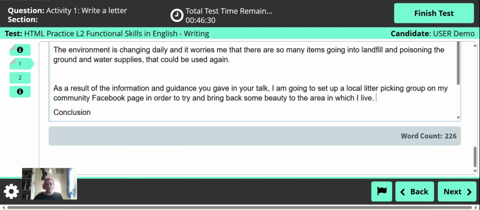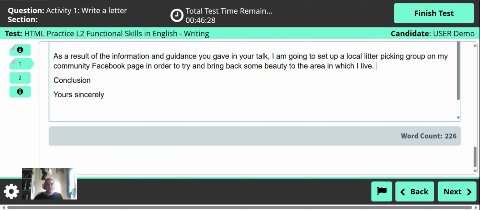Okay, so we're on 226 words. So I think by the time we've done a very short conclusion, we should have made the minimum word count. So our conclusion. What do we want from the person that we're writing to? What do we want them to do?